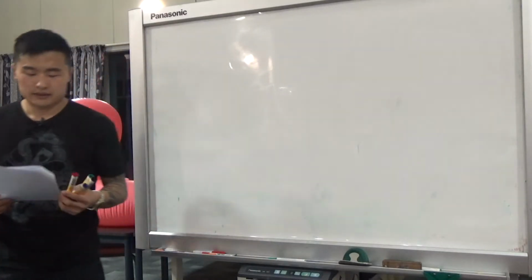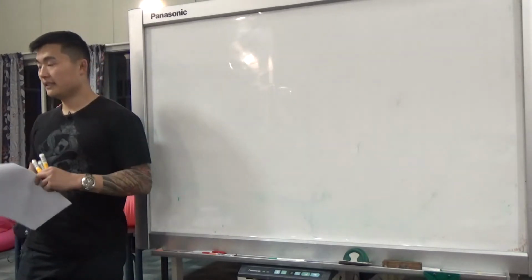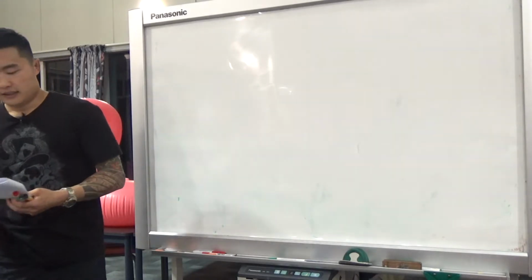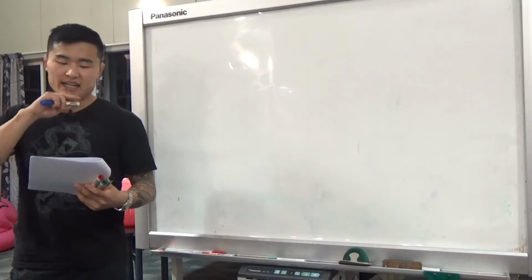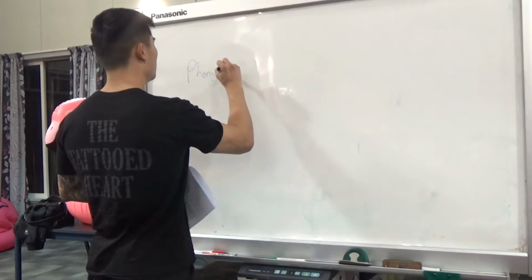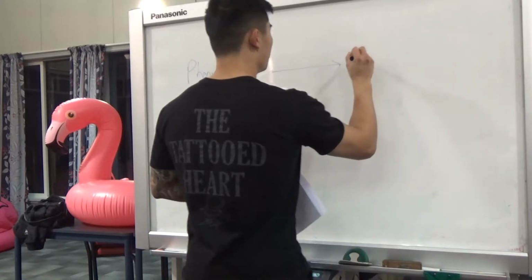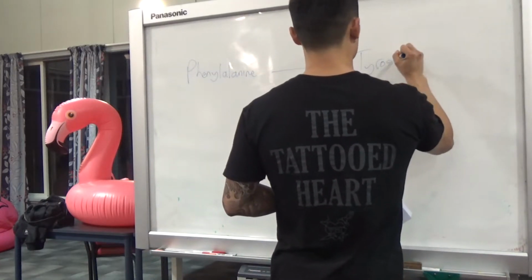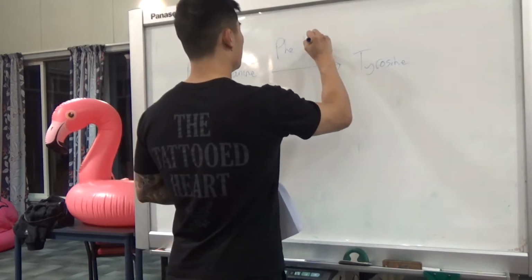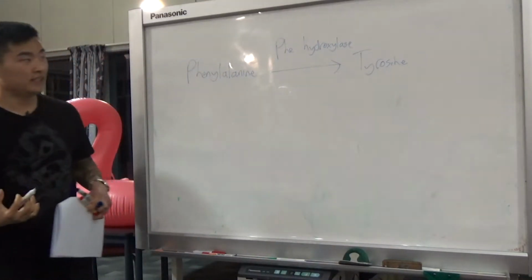So phenylalanine is a non-polar amino acid, so it's going to be present in the foods that you eat that contain protein. And it's broken down into tyrosine. So you've got phenylalanine, which is broken down into tyrosine, and the enzyme that carries this out is called phenylalanine hydroxylase.